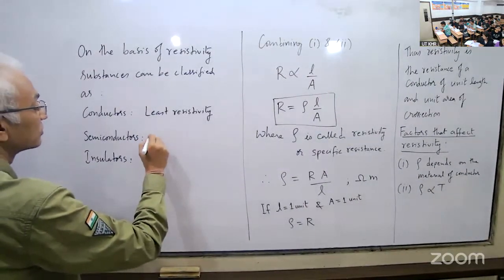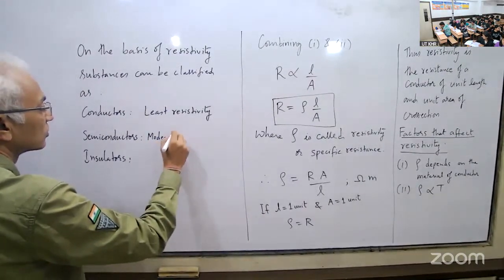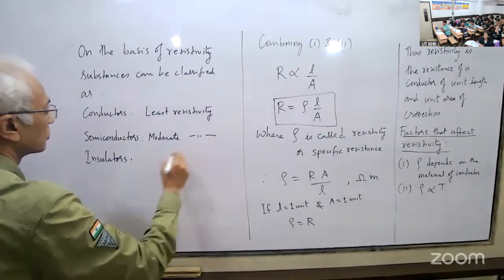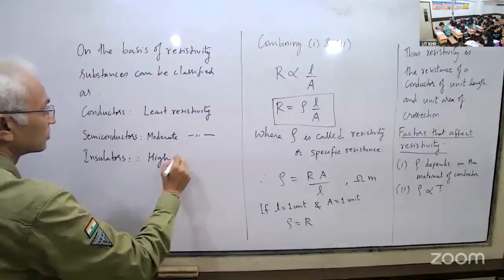Semiconductors have moderate resistivity. And insulators have high resistivity.